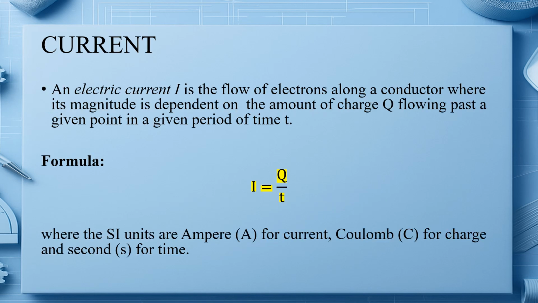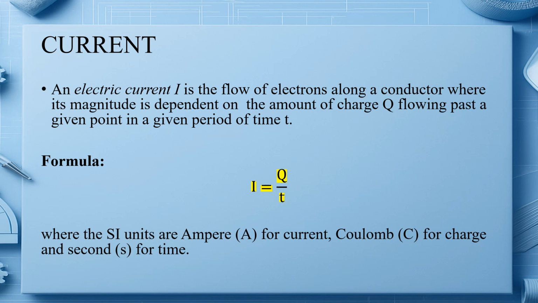An electric current is the flow of electrons along a conductor where its magnitude is dependent on the amount of charge Q flowing past a given point in a given period of time t. So conductors are materials that enable the flow of electricity.